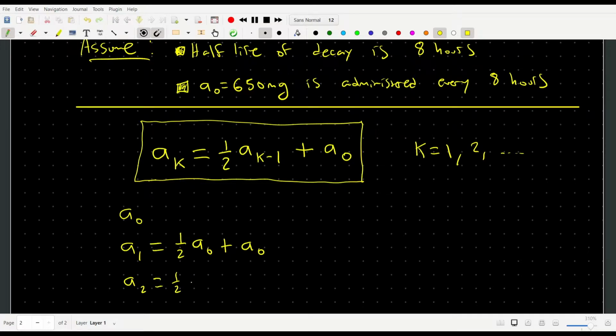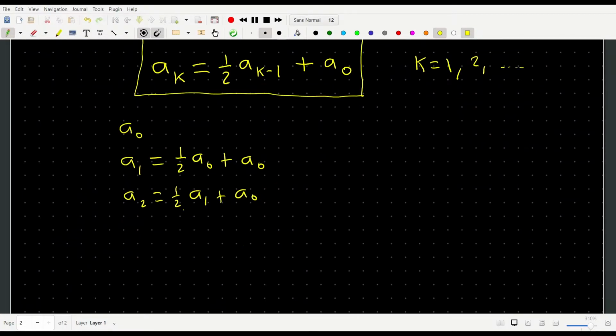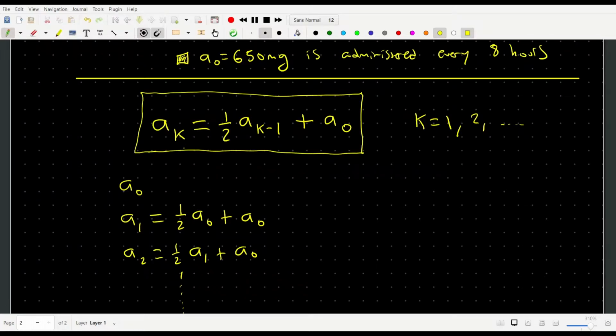A2 is going to be 1/2 A1 plus A0, and so on and so forth. So this is a great example for me to lead into the definition of a recursive sequence, or a recursively defined sequence.